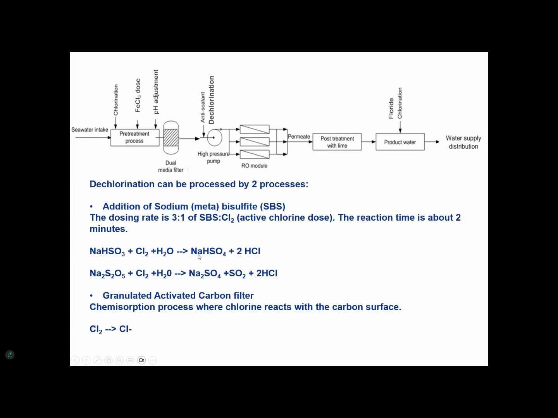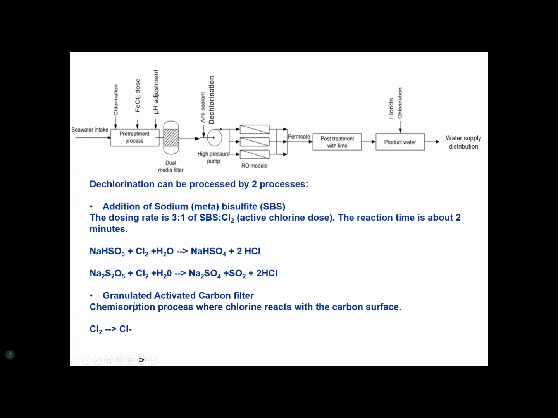And then you have sodium sulfate, and this molecule can also change the sodium sulfate and then to HCl, so that you can easily remove your chlorine to ionized form, which is the normal oxidation active process.